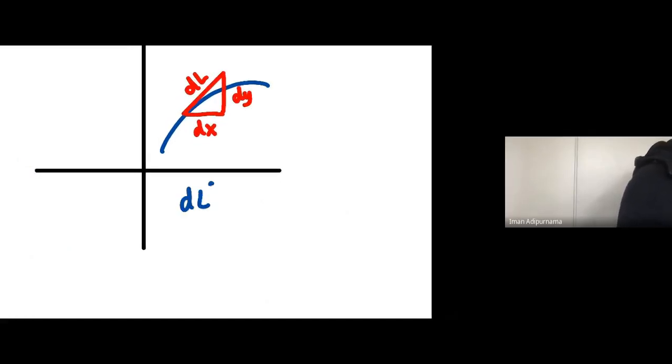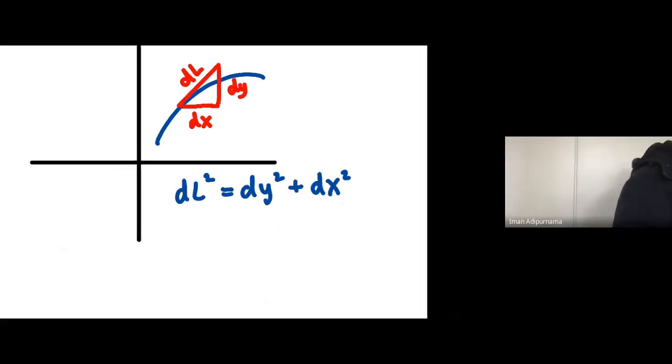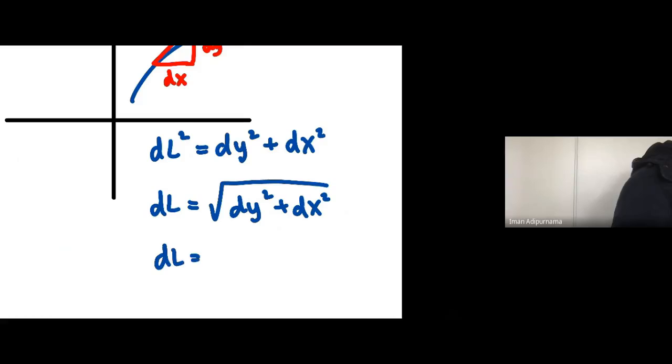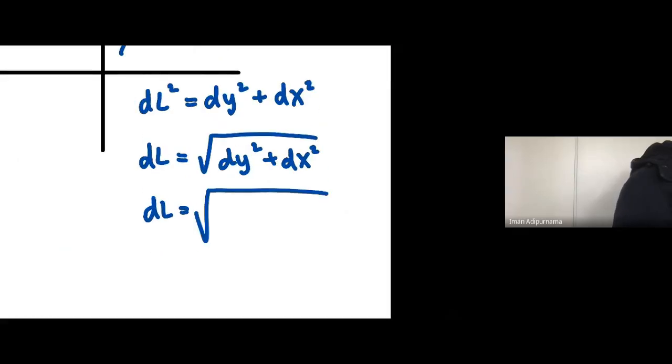So based on dl squared and the Pythagorean theorem, I can write this, and I can also write this as this, and you can choose which one you prefer, dy or dx.